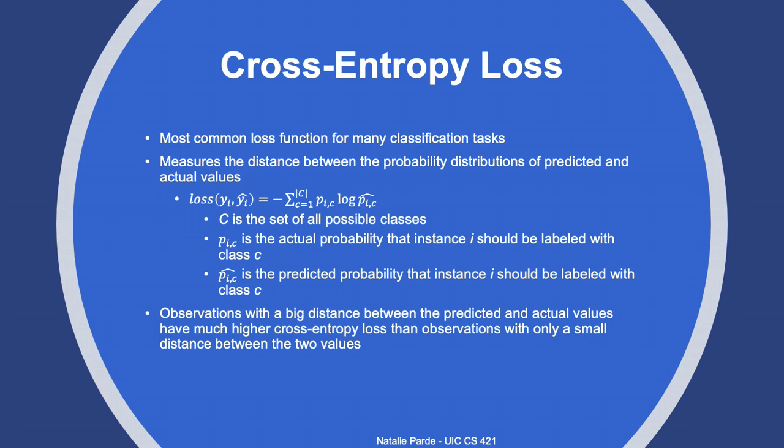Lower loss values are better, and higher loss values are worse. So when you have a big distance between your predicted and actual values, you generally have a high cross-entropy loss, whereas when you have a small distance between predicted and actual values, you have a lower cross-entropy loss.